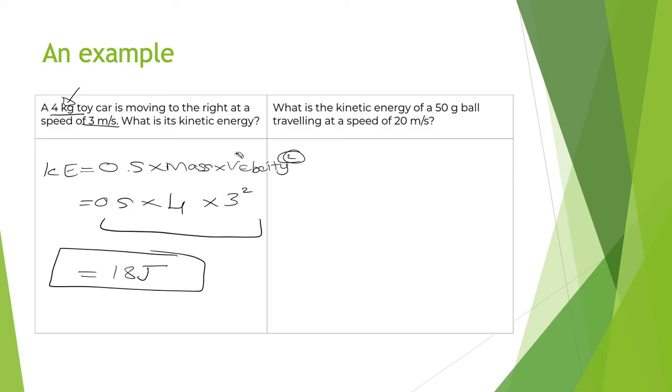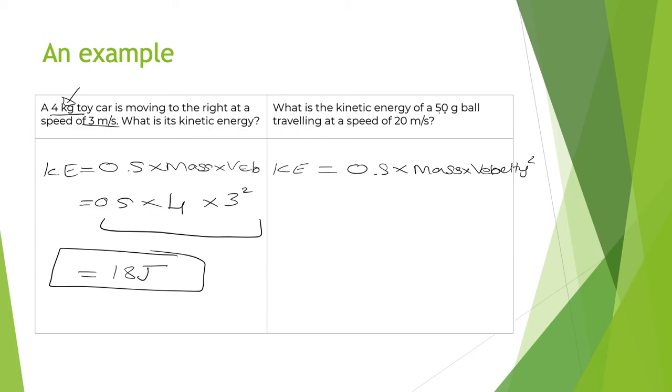Next question, let's just make some space. What is the kinetic energy of a 50 gram ball traveling at a speed of 20 meters per second? So let's write out our equation. We have the kinetic energy equals 0.5 multiplied by the mass multiplied by the velocity squared.